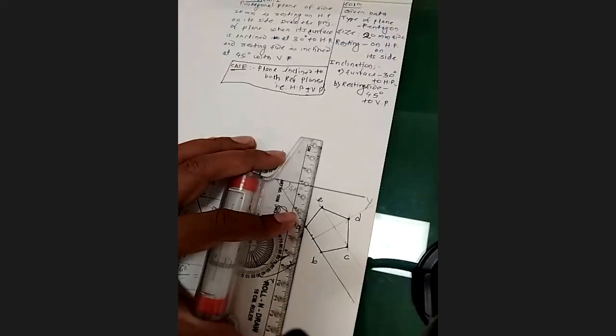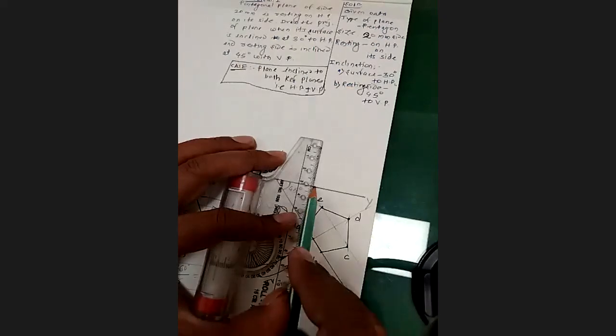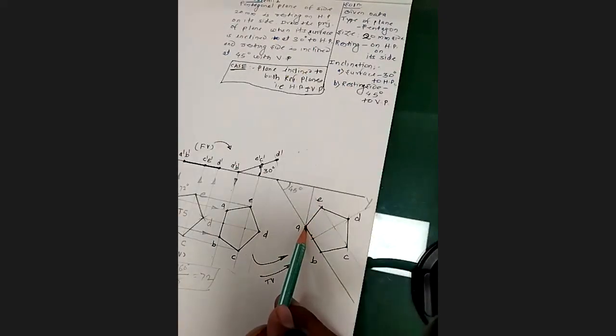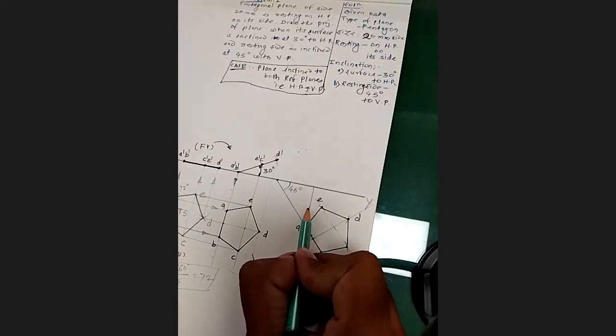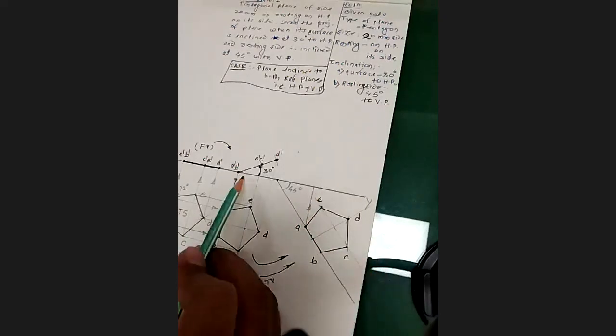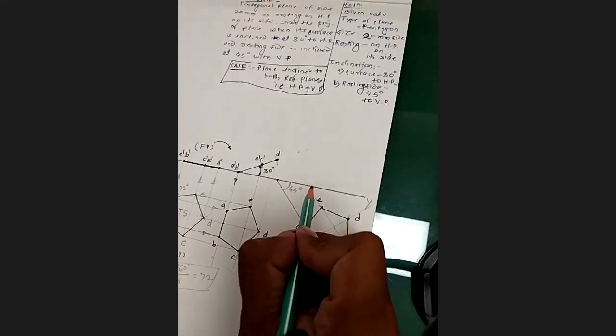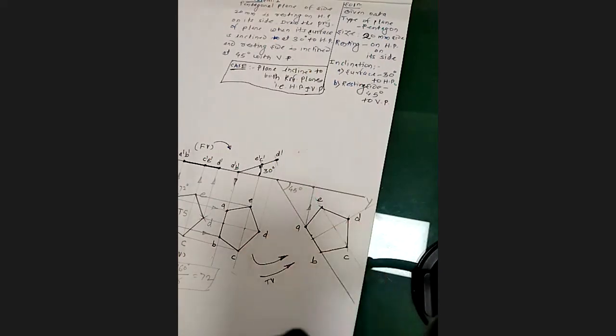You start taking the point, go through A. See, you're taking the projection from A vertically. Where is the horizontal projection through A? Of course, it is by default coming on the XY line, so you need not extend it. You can go up to this point only.